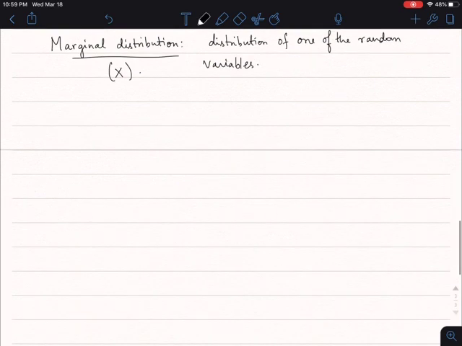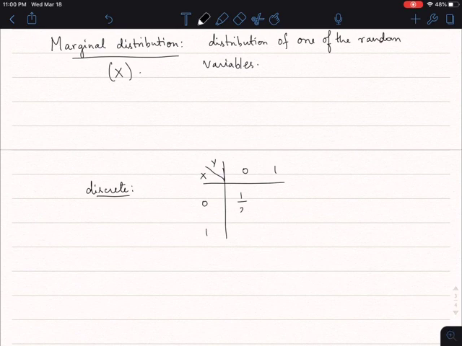in the discrete case. In the discrete case, you just have the random variables, and you have x out here and y out here. Let's take a very simple example where x takes two values, 0 and 1, y also takes two values, 0 and 1, and let's say the probability values here are 1/2, 1/6, 1/6 and 1/6.